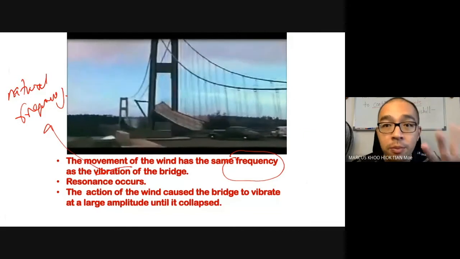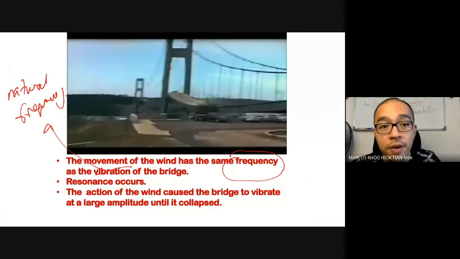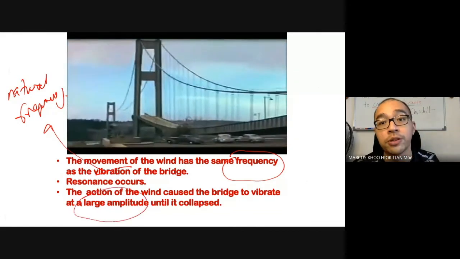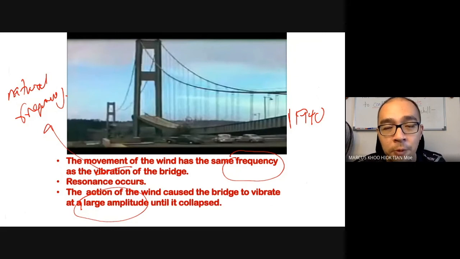And that's why you see the bridge oscillating with maximum amplitude, because it happens to be blown by a wind that has the same frequency as the natural frequency of the bridge itself. And that's what caused the bridge to collapse. This was way back in 1940. Bridge technology has become significantly different now.